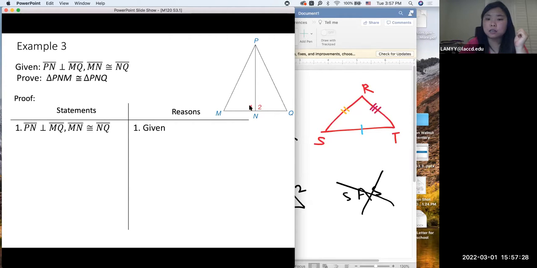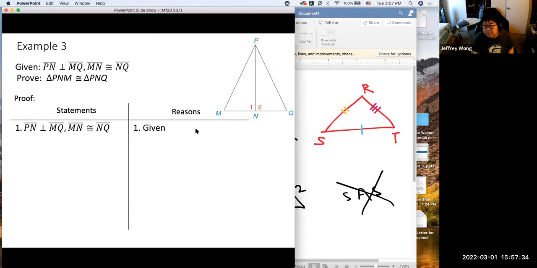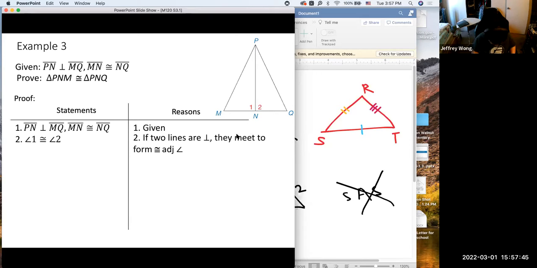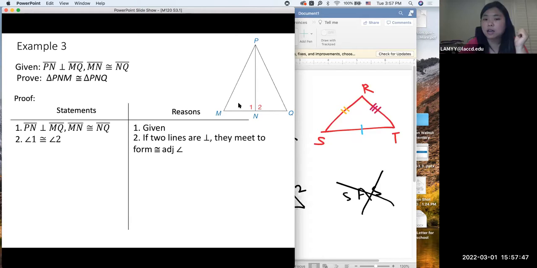And then, how about angle 1 and angle 2? Congruent. Why? Two lines are perpendicular, they create two 90-degree angles. Good. Two lines are perpendicular, they meet to form congruent adjacent angles. So I have S, A already.